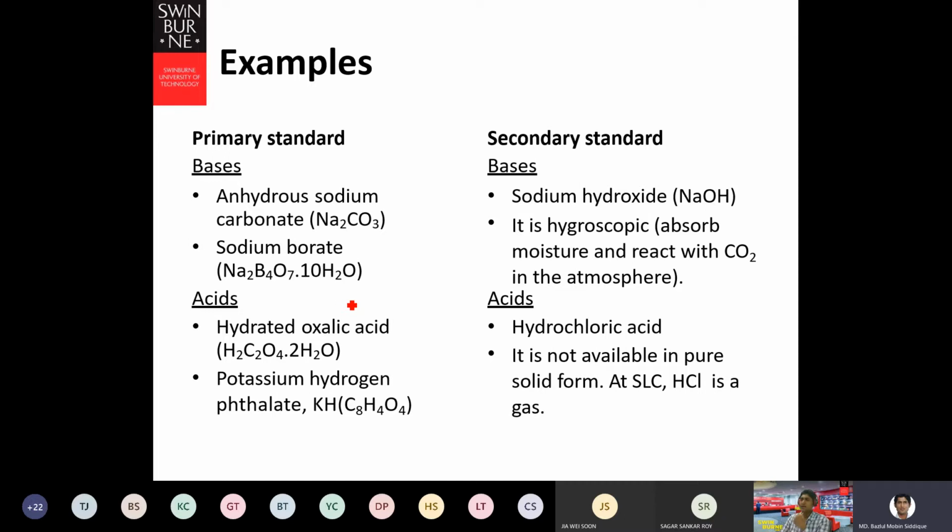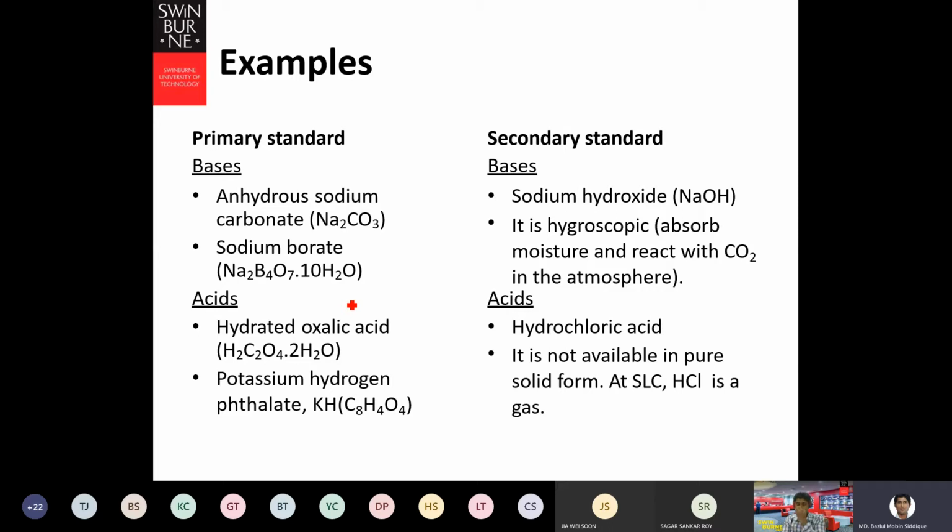Primary standards include anhydrous sodium carbonate, which means this molecule doesn't have water molecules in it. Sodium borate, although there are 10 water molecules in sodium borate, that means 2 sodium atoms, 4 boron atoms, and 7 oxygen atoms, and altogether 10 water molecules are associated there.